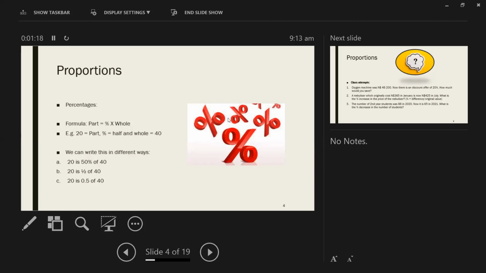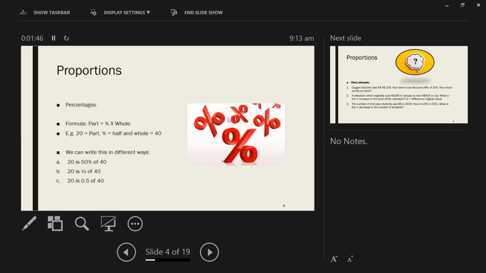When you speak of multiply, it's basically also denoted as "of". We can also write this in the three different ways that we discussed before. If we look at A, we say that 20 is 50% of 40. That's correct, right? So when you say 50% of 40, then 20 is also a what of 40?